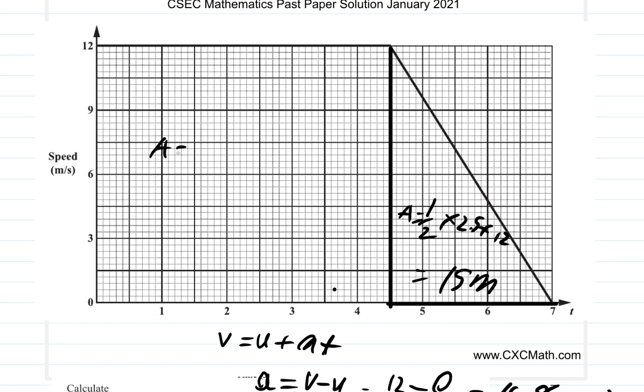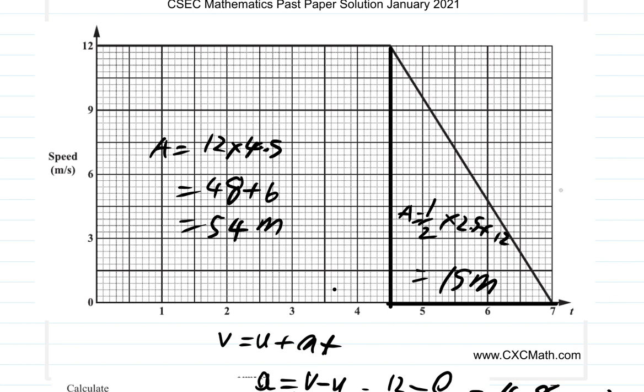This area here would be 12 by 4.5, which is what? 12 fours are 48 plus 12 by 0.5 is 6. So 48 plus 6 would be 54 meters. So 54 meters plus 15 meters.